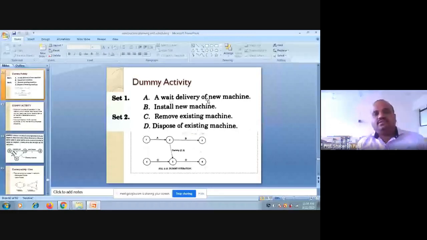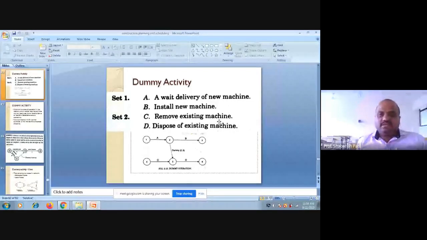They have ordered a new machine, and the machine is yet to reach the company. Once it reaches, they need to install it. But being a production industry, they cannot stop work till the new machine reaches, so they continue with the old one. Once the new machine comes, they remove the existing machine and then dispose of it.